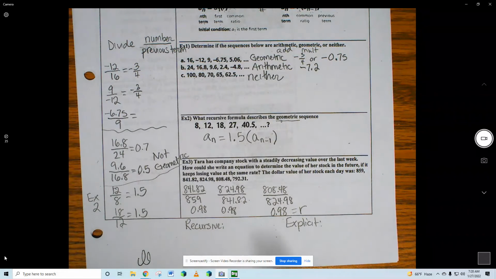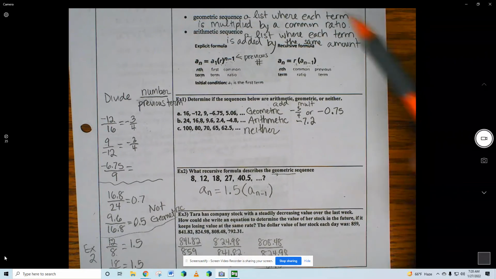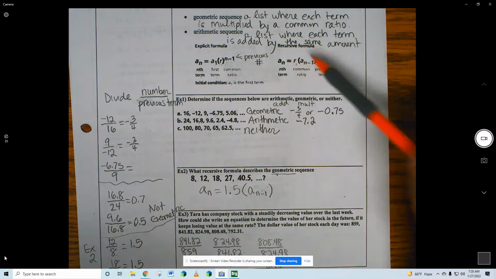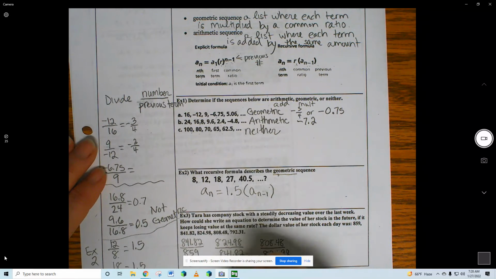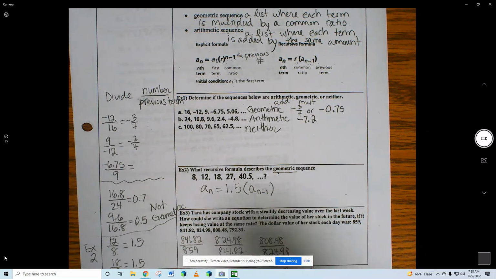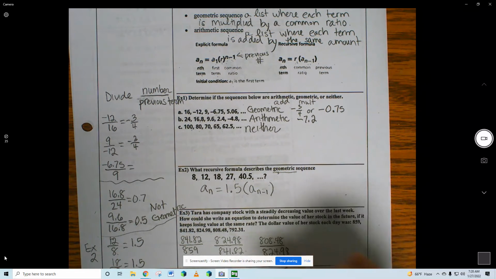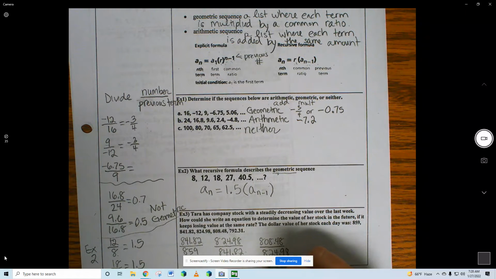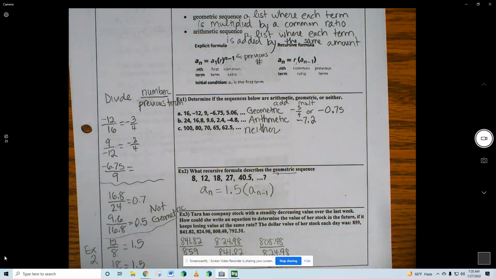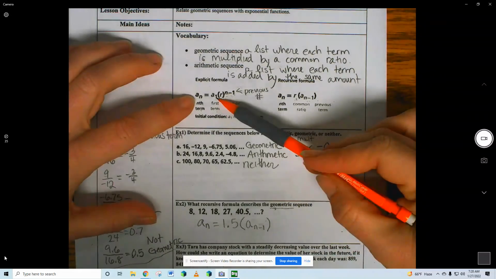Now, recursive formula. So I'm looking up above at my formulas. They're right here. Recursive means that I'm going to do the exact same one I just did. Common ratio, A sub n equals 0.98 times A sub n minus 1. Subscript means there's a little number below it. Explicit: I have to write down the first term when I use explicit.